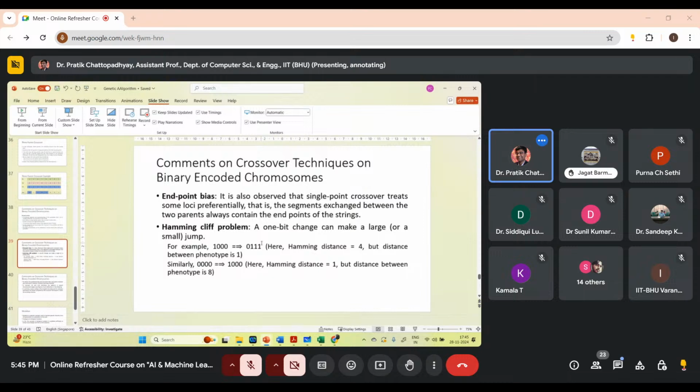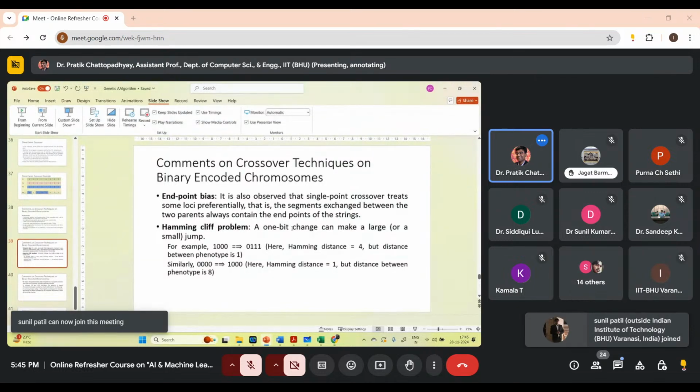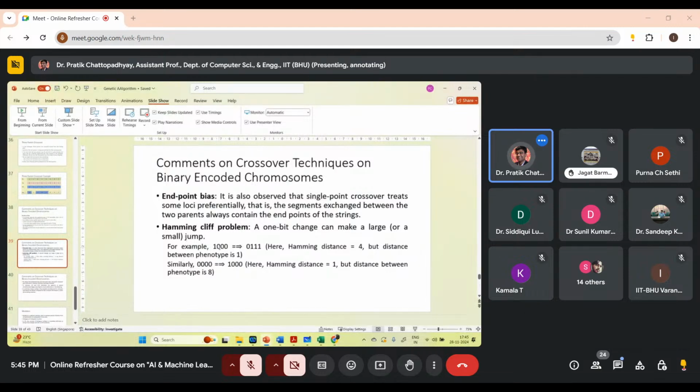That means 111 is coming from the other parent. So a small change can make a big difference if you just consider the binary to decimal.